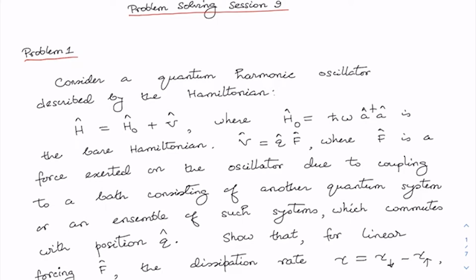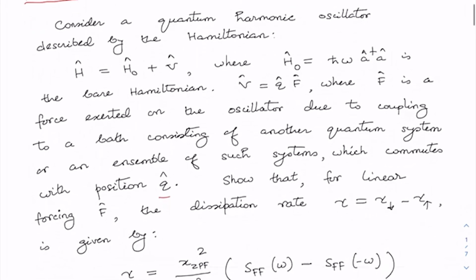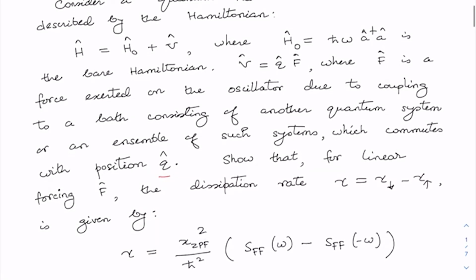V is equal to Q F, where F is a force exerted on the oscillator due to coupling to a bath consisting of another quantum system or an ensemble of such systems, which commutes with the position Q cap, so that the linear forcing F, the dissipation rate is given by this expression.